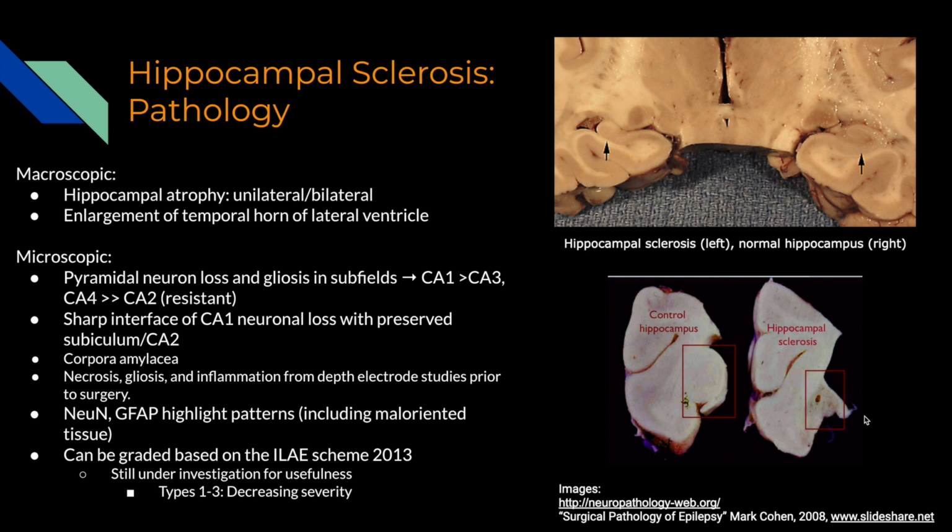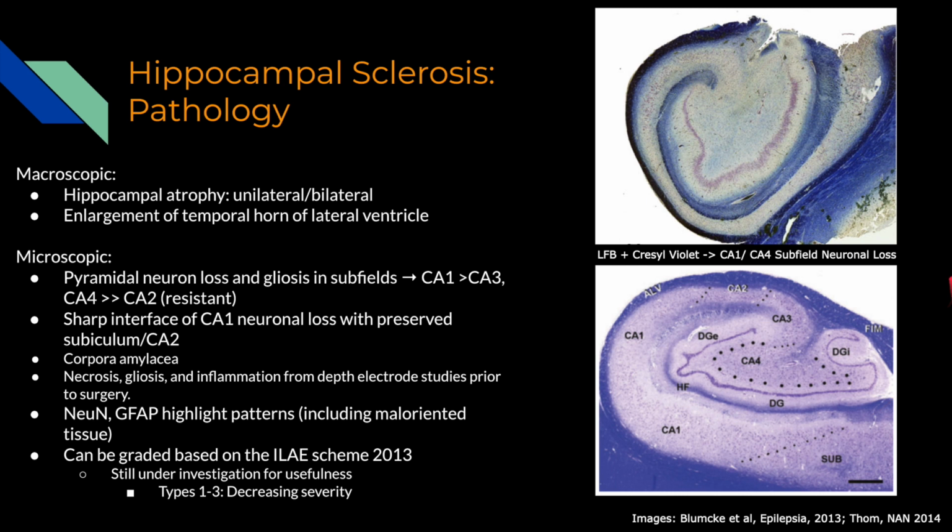It's important to understand the anatomy, so when you gross these, you do it in a correctly oriented manner, because you'll have difficulty finding the cornu ammonis structures and the dentate if these are grossed in an incorrect orientation.